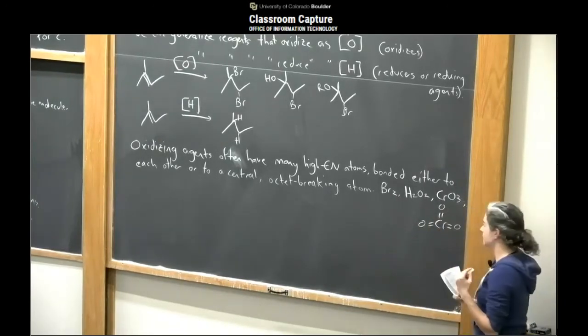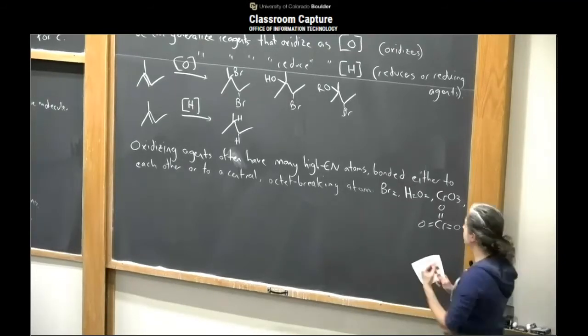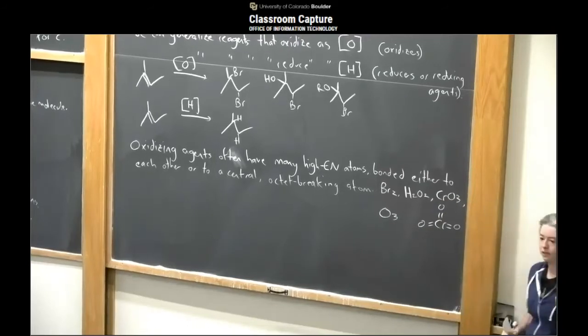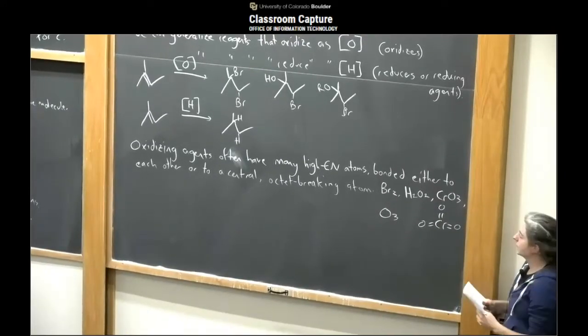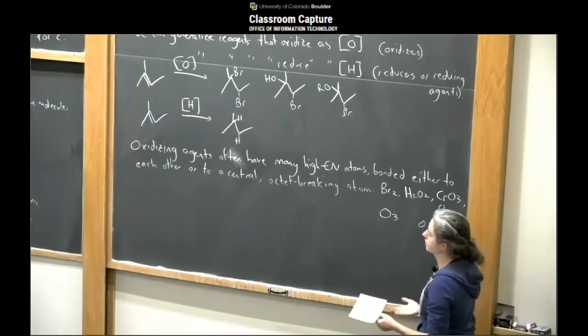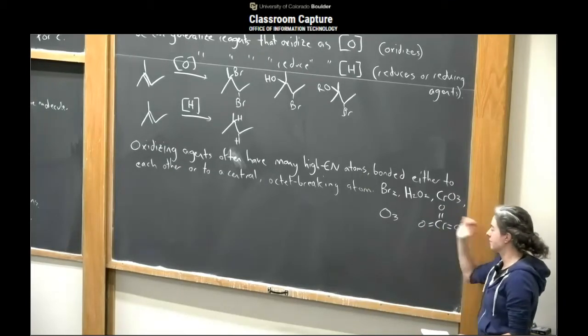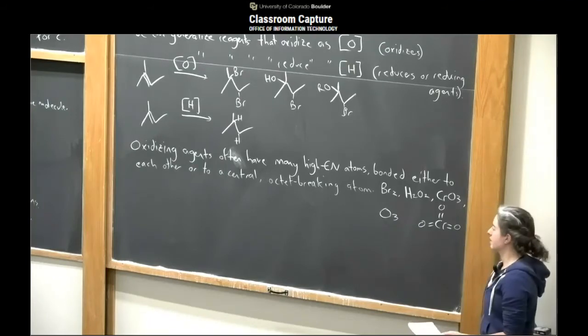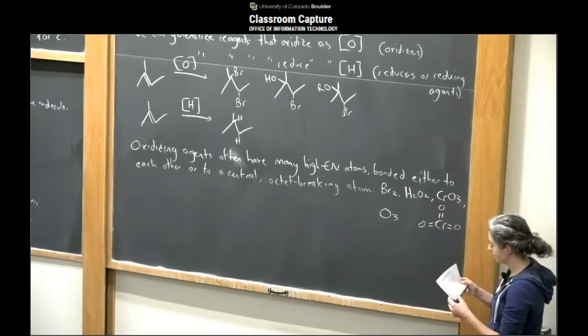Another example that we've seen is ozone, O3, which we know is going to also oxidize a molecule. I didn't draw that as one of the examples, but if you draw the starting and end points of an ozonolysis reaction, you can see this is oxidizing both carbon atoms that are involved. Okay.